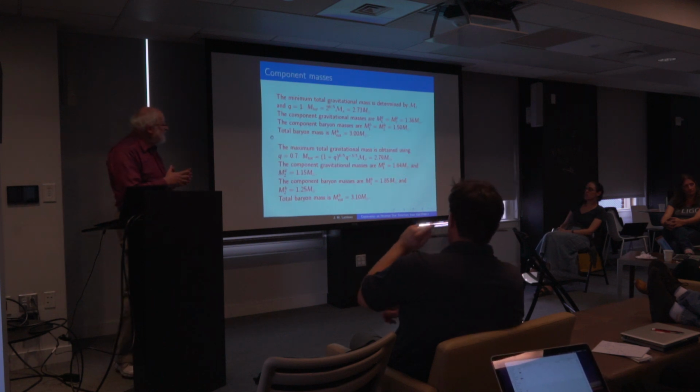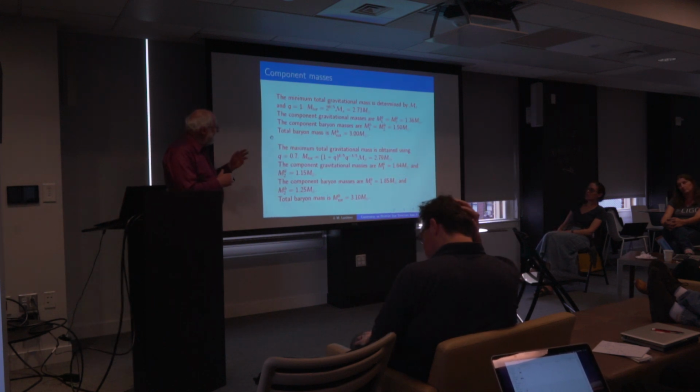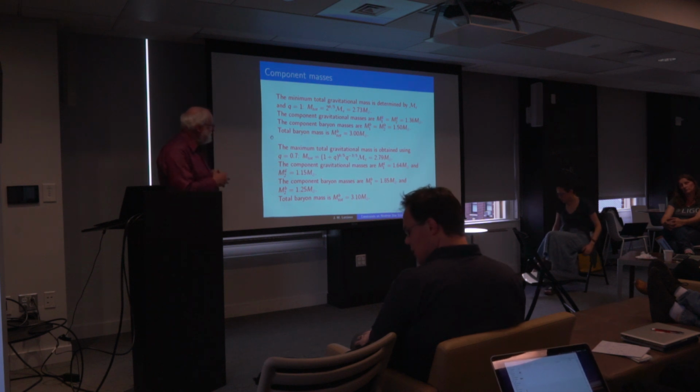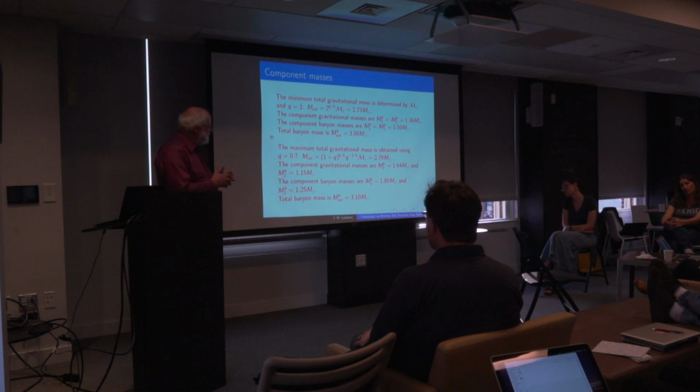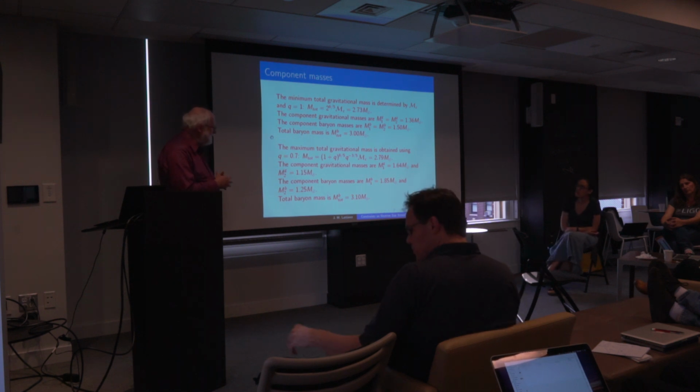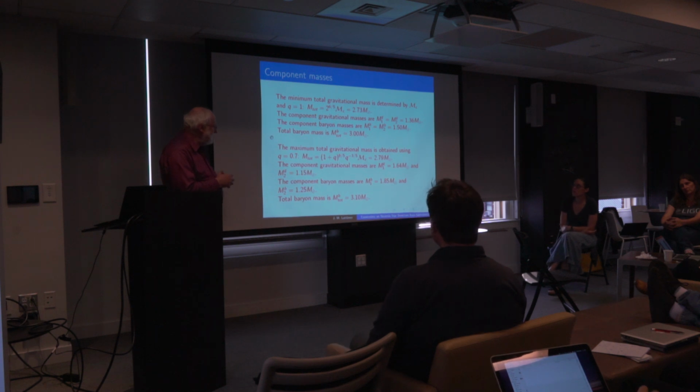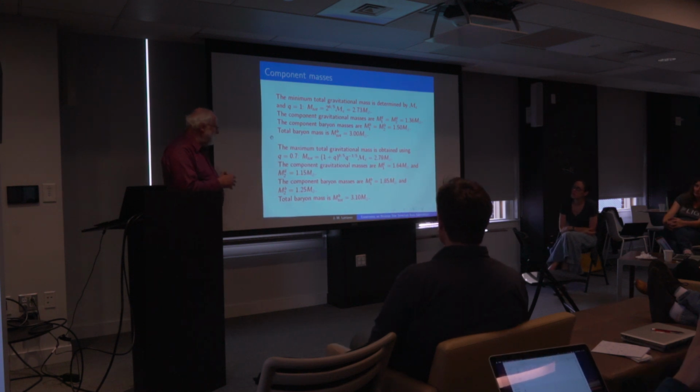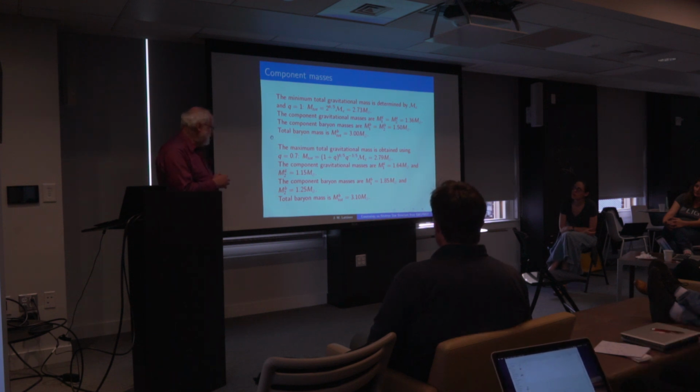Okay, so as far as the component masses go, the minimum gravitational mass is 2.73 solar masses, and that's in the situation that the mass ratio is unity, in which case the component masses are 1.36, the baryon masses are 1.5, as I'll show in a minute. And this gives a total baryon mass of 3 solar masses.